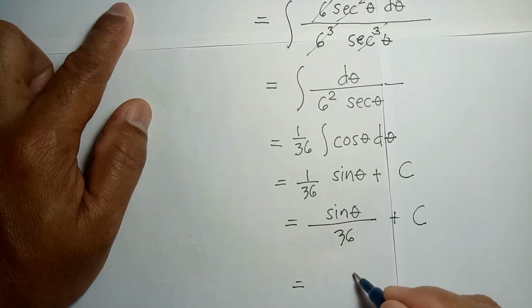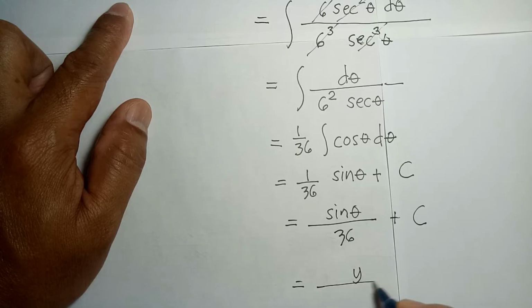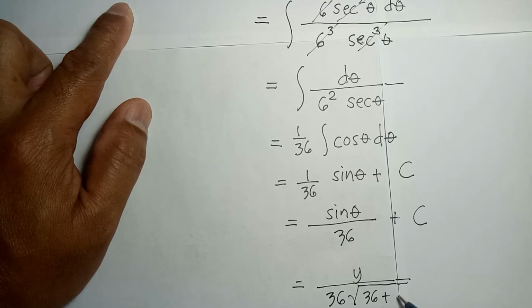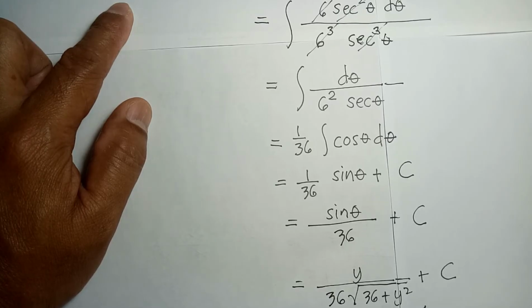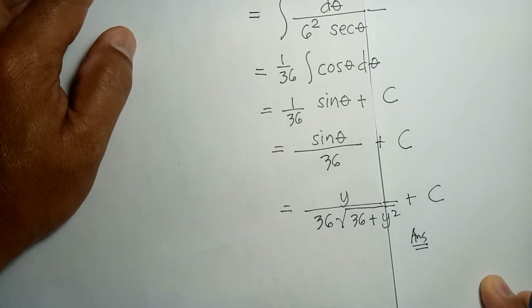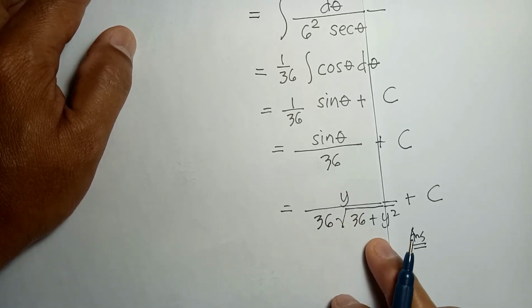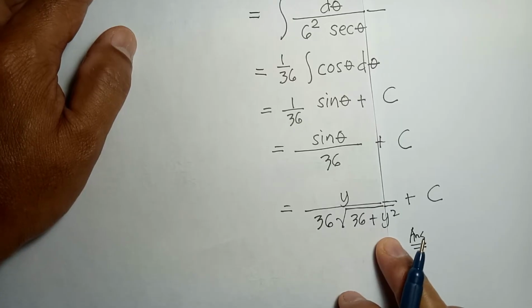So, magkakaroon tayo ng y, and then divided by 36, and then times square root of 36 plus y squared. And this is now our final answer: y divided by 36 times square root of 36 plus y squared.